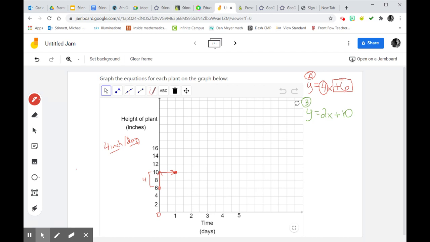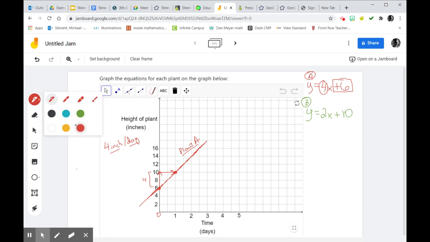There's my line going up, and we can go back this way also if we want to. This is the line for plant A. That's what it looks like.